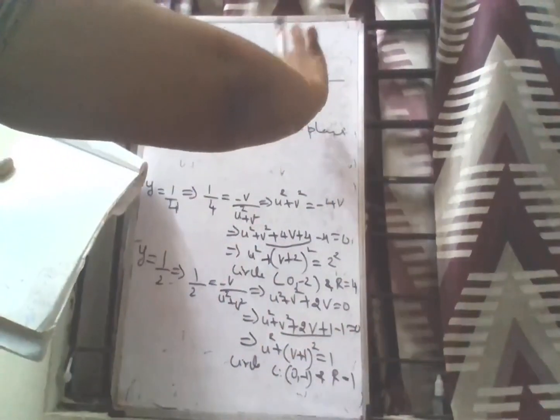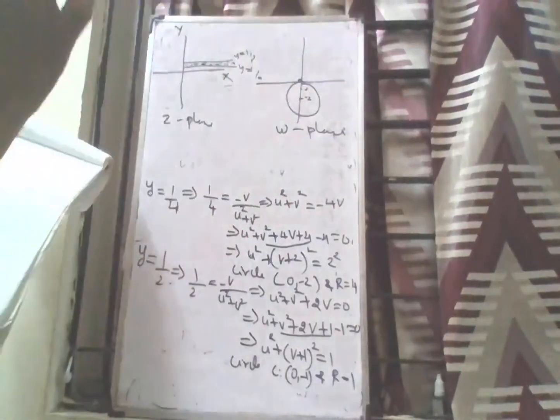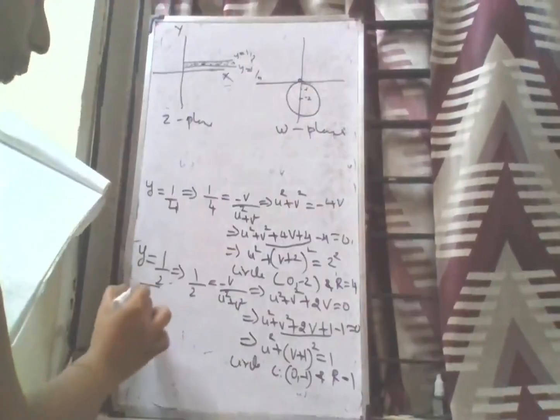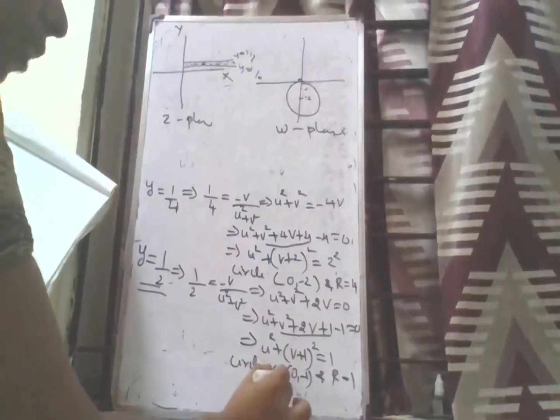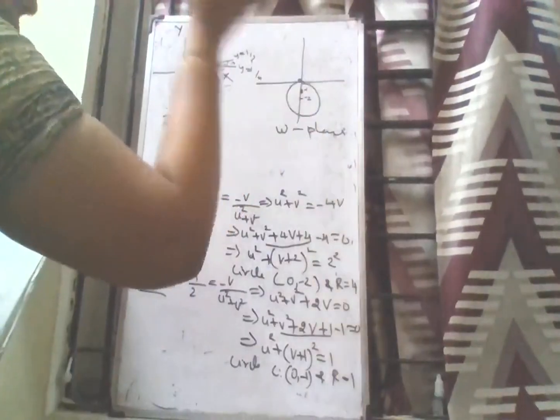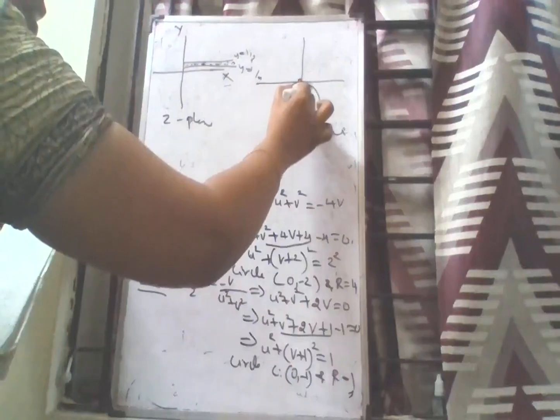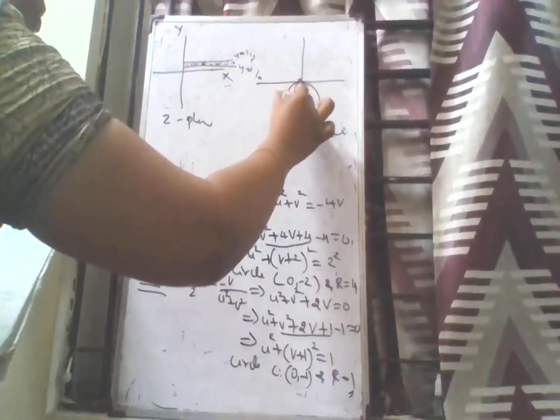Using this center and radius 2, I have to draw a circle. Yes, I have drawn. Next, second circle: when y equal to 1 by 2, I am getting a circle with center 0 comma minus 1, so the center is here, of radius 1. I have to draw a circle of radius 1.